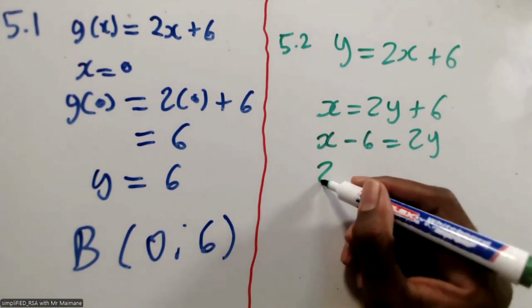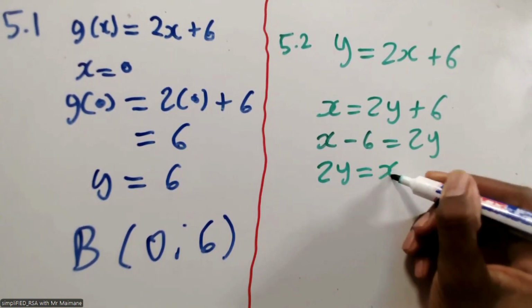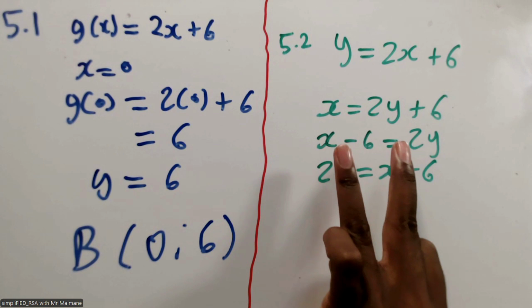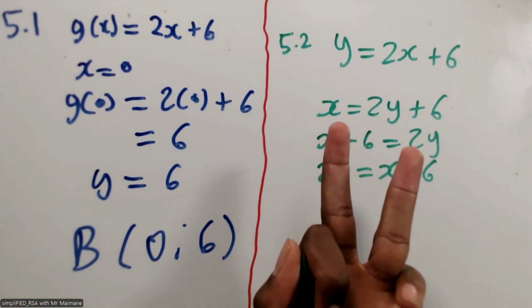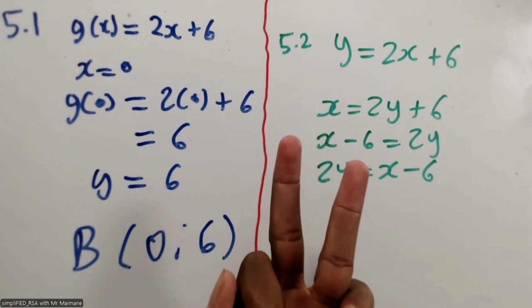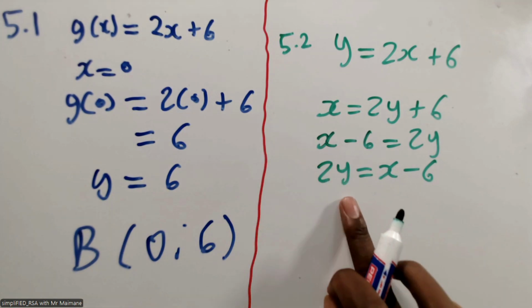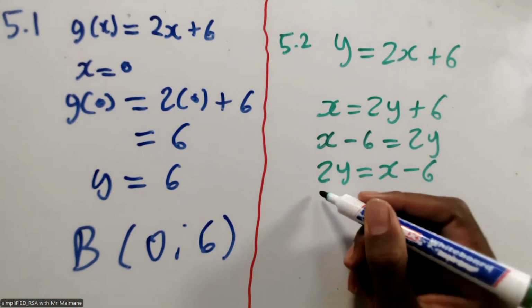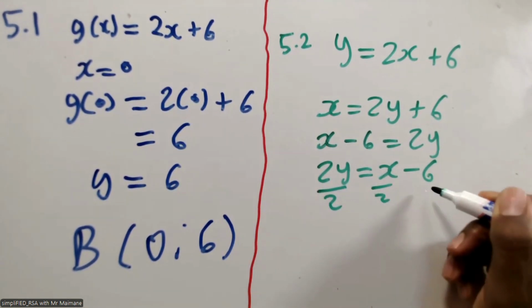But to make it like a perfect equation, let me rewrite it like this. Here I didn't do much. If 6 minus x equals 2y, this is the same as 2y equals 6 minus x. But then I need y to be the subject of the formula, not 2y, meaning I'm going to divide by 2 throughout.